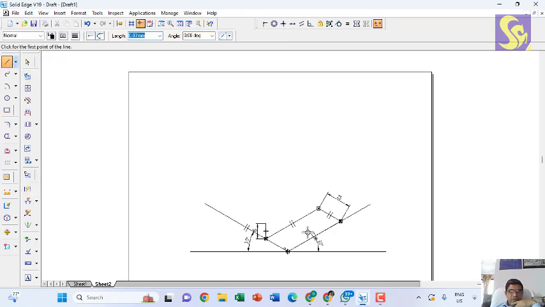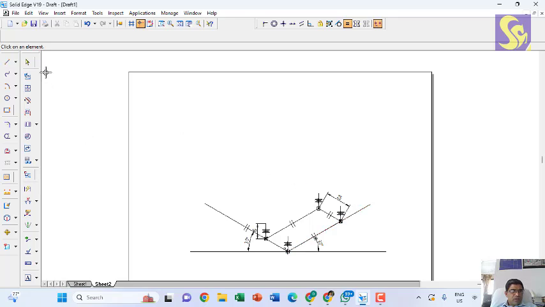I'll draw 3 more lines. I'll make them all parallel and equal. These are equal. They are equal.